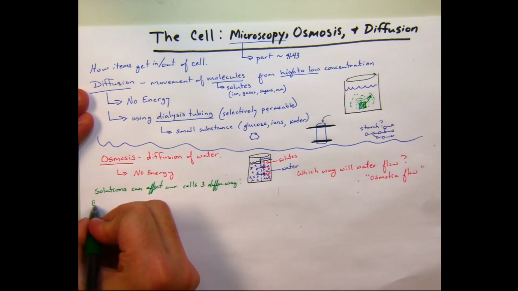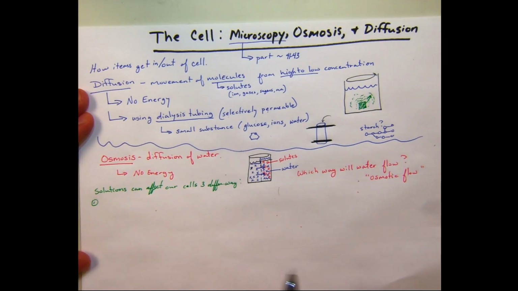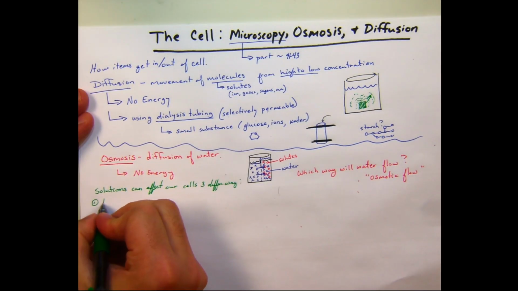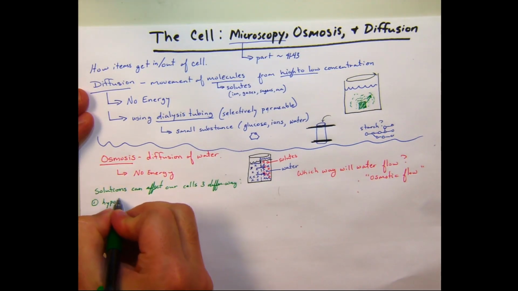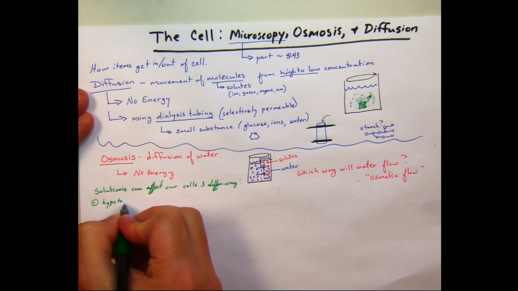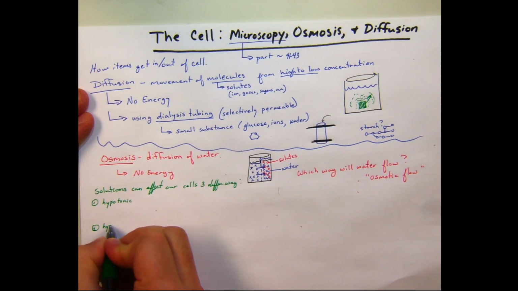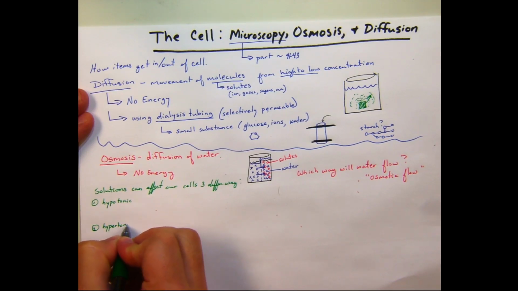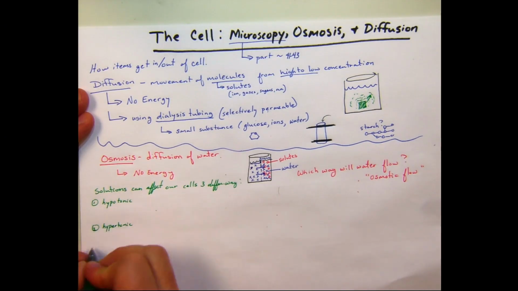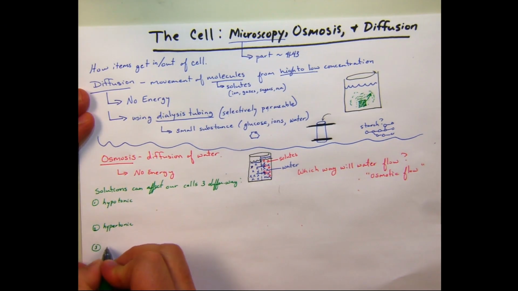The first type of solution is referred to as a hypotonic solution. This is in no order. The second will be referred to as a hypertonic solution. And the third is going to be an isotonic solution.